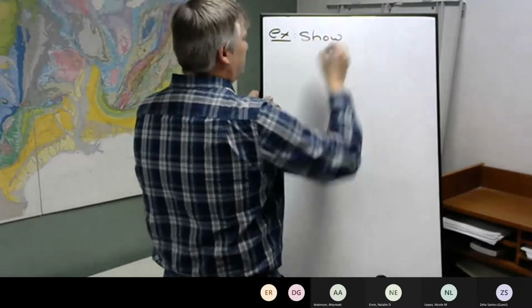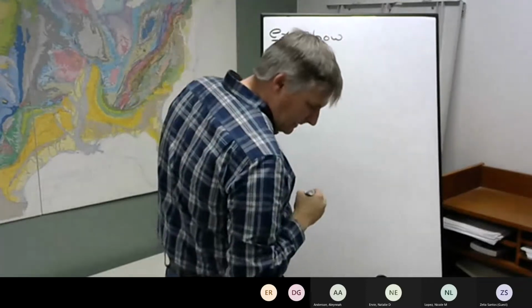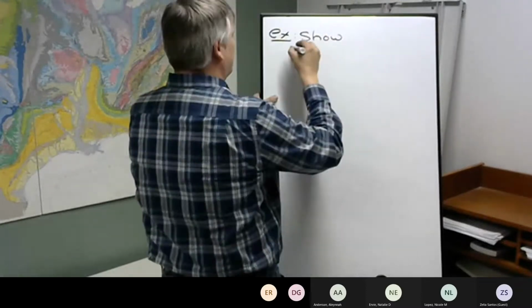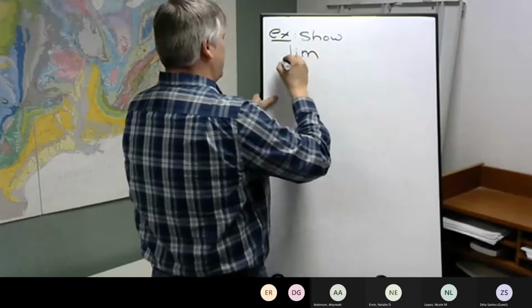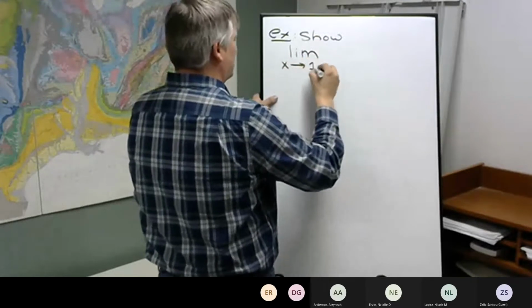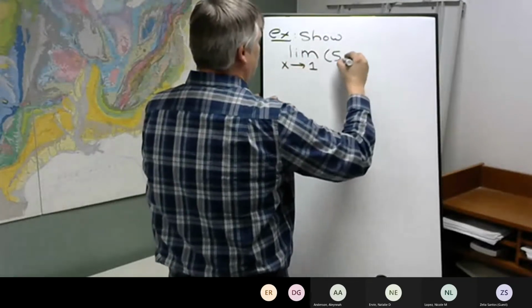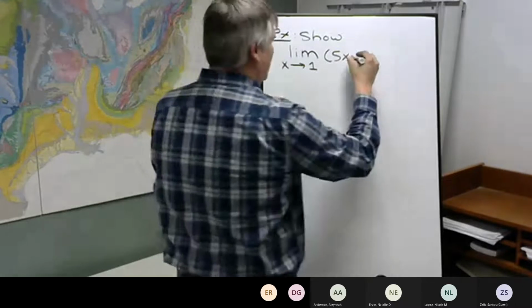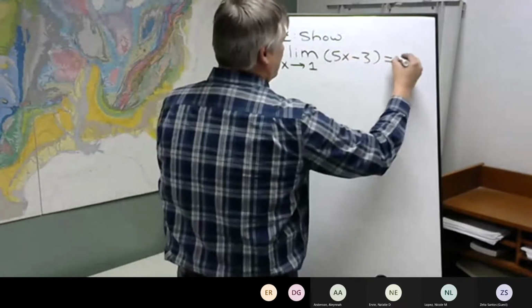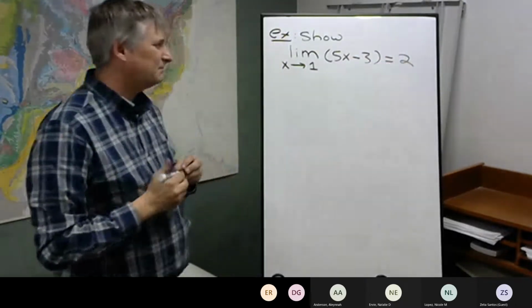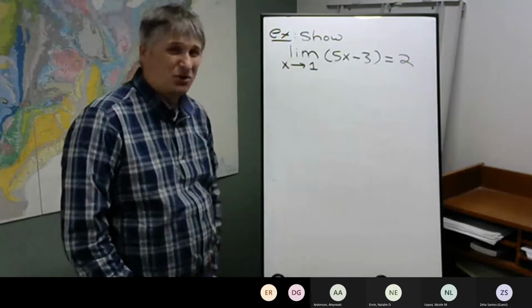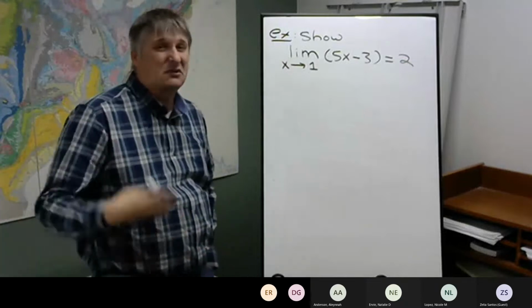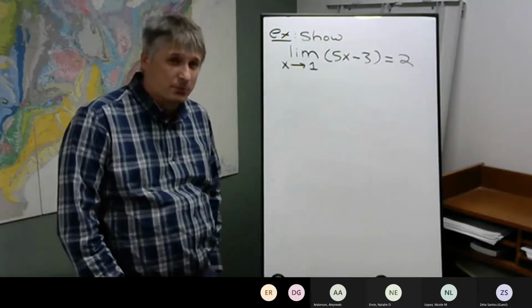We want to show that the limit as x goes to 1 of 5x minus 3 is equal to 2. Now this whole showing thing, I'll be honest, is kind of weird. You're getting to what's called math proofs.